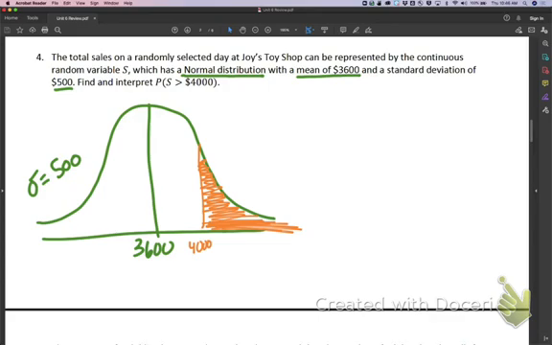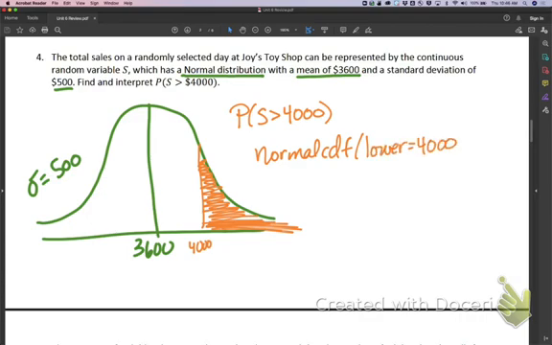To find this probability that S is greater than 4,000, we're going to use normal CDF. Normal CDF, the lower boundary is 4,000. The upper boundary is infinity. The mean of this distribution is 3,600. The standard deviation is 500. I'm going to plug this into my calculator.